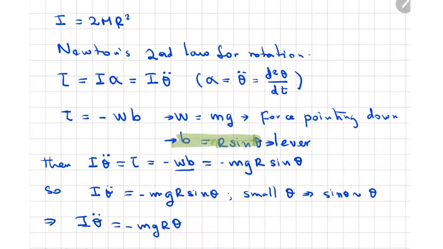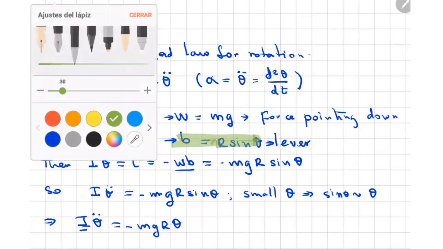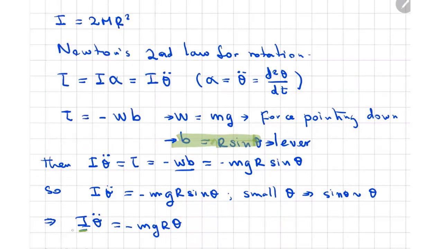So now we take this term, the I that is multiplying on this side of the equation. We are going to send it to the other side to divide. All right?